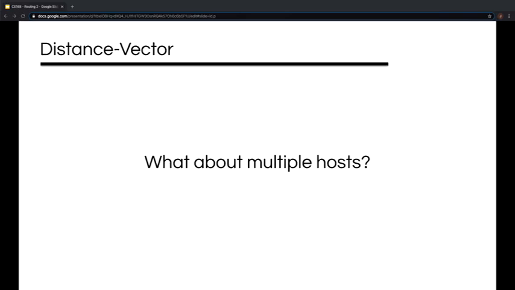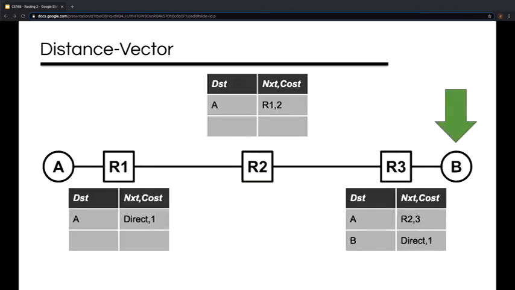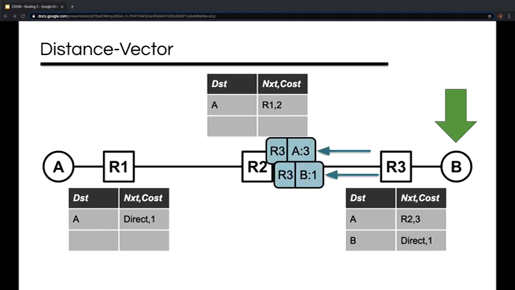What about multiple hosts? And I hope you've gotten this by now, but I just want to really drive home how this works with multiple hosts, right? So here's a version of those topology. We've added a new host. We've added B. There is a static route that's been added for B at its adjacent router at R3, right? And so at some point in time, R3 would be sending these advertisements to its neighbor, right?